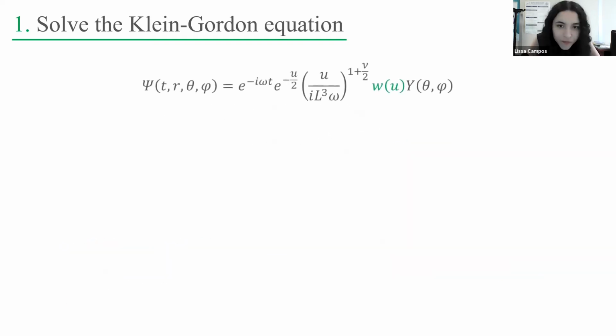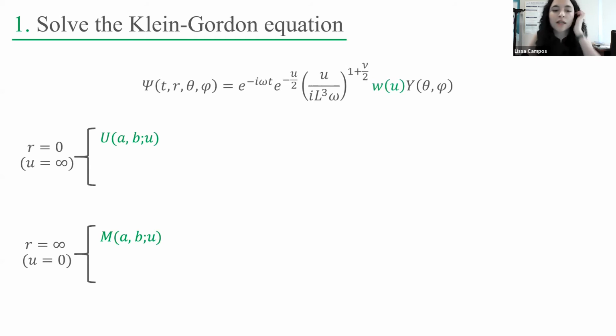The solutions of the Klein-Gordon equation are written in terms of confluent hypergeometric functions, and there are two linearly independent solutions, Kummer U and Kummer M, but they are not numerically satisfactory at both endpoints.